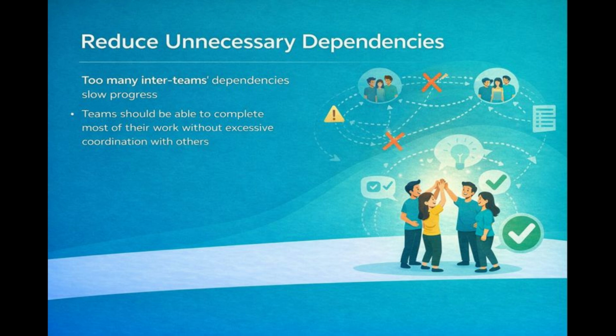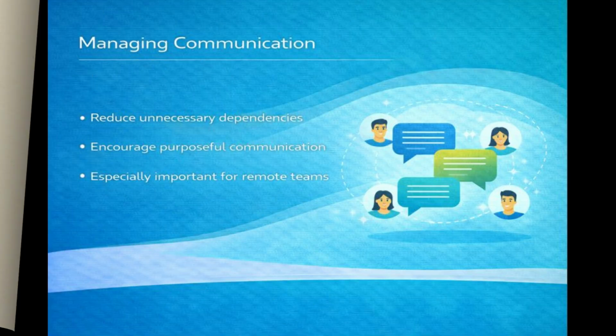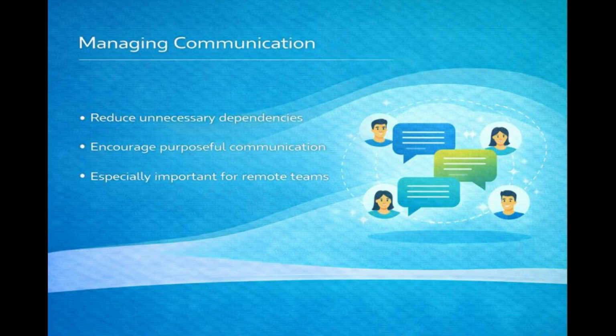7. Reduce unnecessary dependencies. Too many inter-team dependencies slow progress. Teams should be able to complete most of their work without excessive coordination with others. 8. Encourage intentional communication. While minimizing dependencies is important, team design should still promote meaningful communication, especially across related teams or in distributed environments.